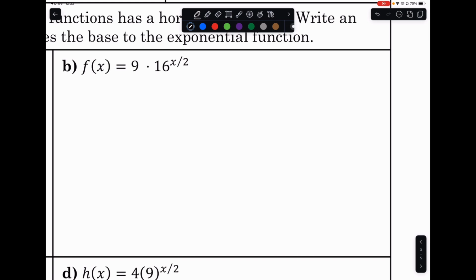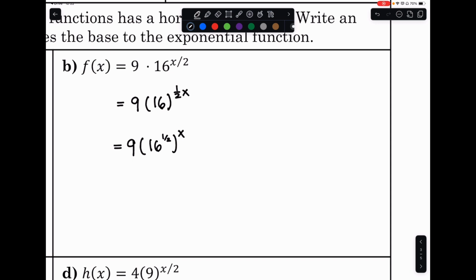Let's now look at this example right here. We have 9 and 16, and only 16 is being raised to the x over 2 power, which is the same thing as 1/2 times x. By the power property, 16 can be raised to the 1/2 power and then to the x power.